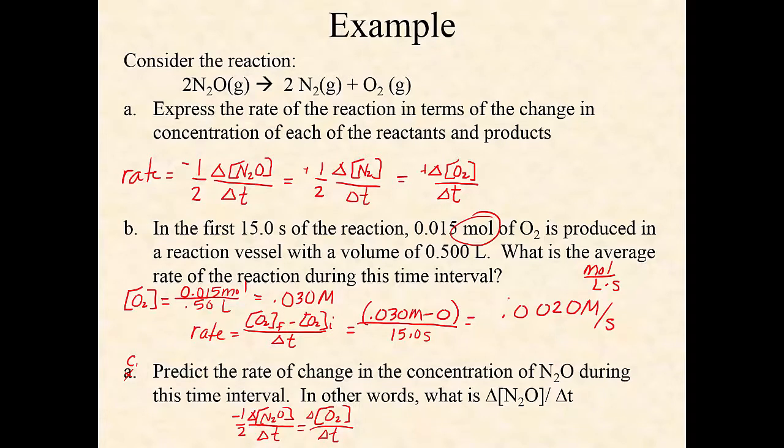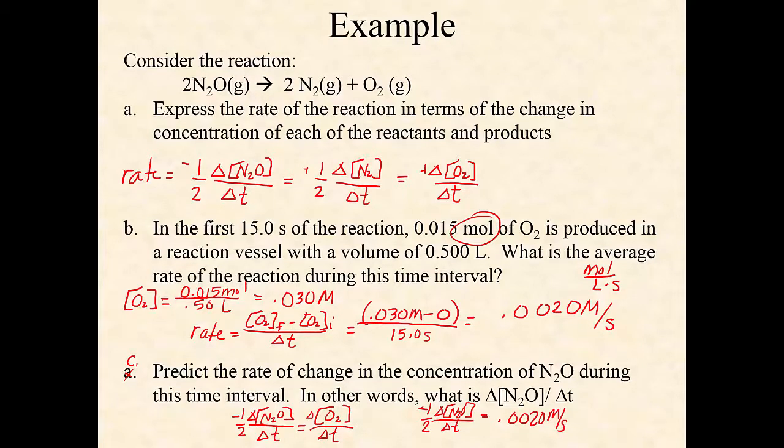So we know the oxygen value, so now we're just going to plug in. So -1/2, again, the change in the, this is why I forget it, I just get tired of writing it, but I do it, equals, what do I know, it's 0.02 molars per second.